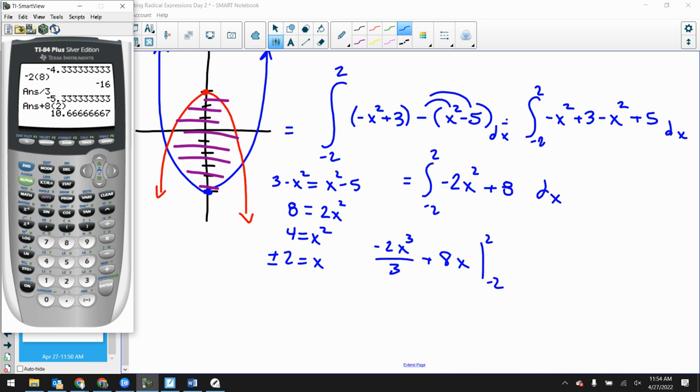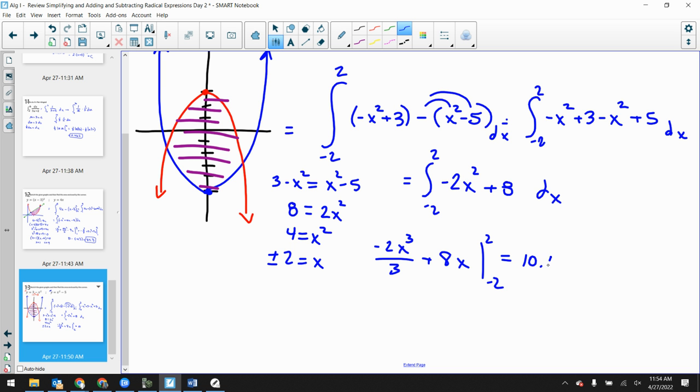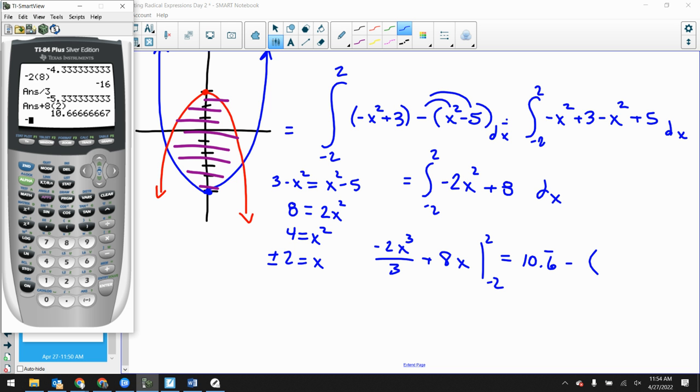So that gets us a 10.6 repeating, minus, and now we plug in negative 2. We have negative 2 times negative 2 to the third, oops, not squared, divided by 3, plus 8 times negative 2.